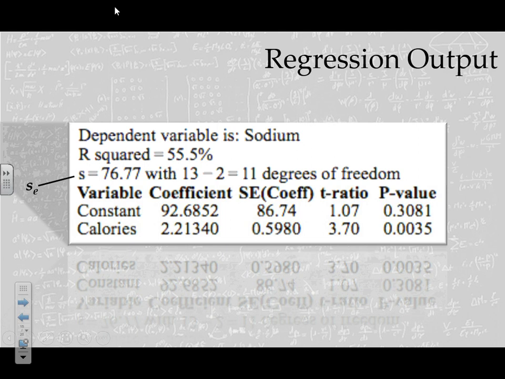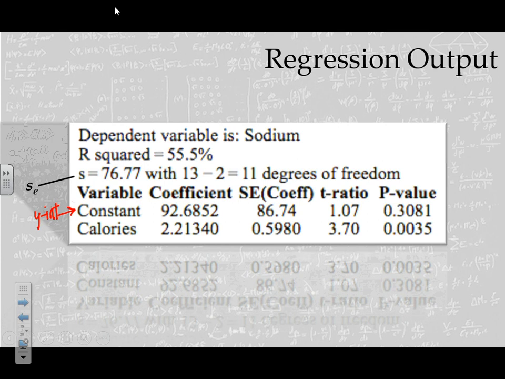So the constant, this is the term not attached to x, this is your y-intercept. So when you look at this type of output, and you see the word constant, and they'll always use the term constant, that's your y-intercept. So everything in that row is your y-intercept information. So the coefficient, if I were to set up my equation, this is my y-intercept, 92.6852.